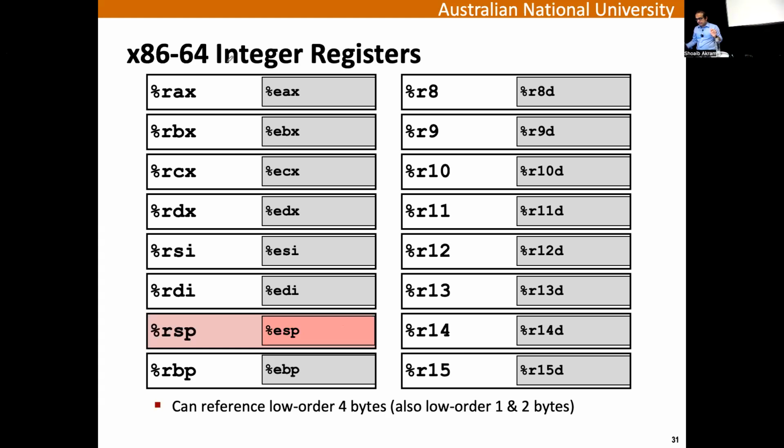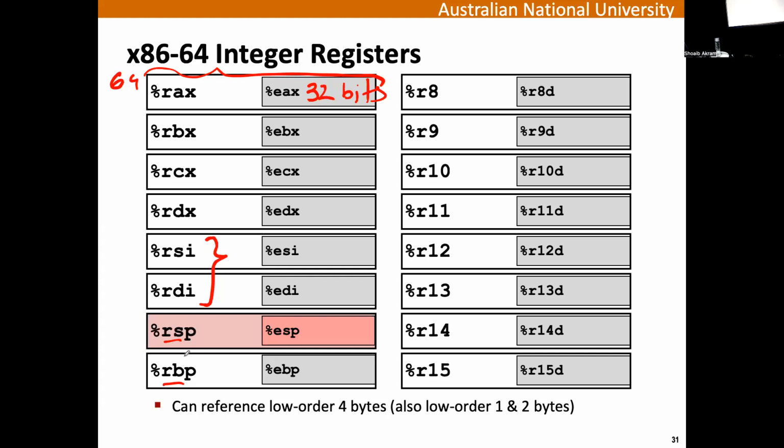You can access 32 bits or 64 bits; there are instructions for each. The 64-bit registers are called RAX, RBX, RCX, RDX, RSI, RDI, RSP, and RBP. Can someone guess what RSP would be?